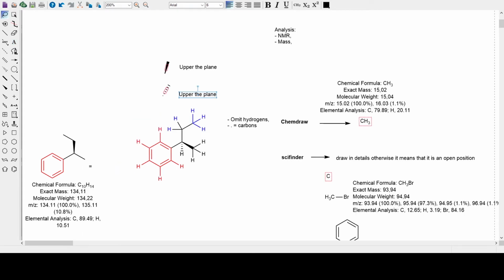So I continue the work. Just to tell you that this is a stereochemistry, okay? Stereochemistry is shown when you have this one, okay? It's named wedge bond. En fait, ça vient vers upper plane. It's coming upper the plane, coming to us.